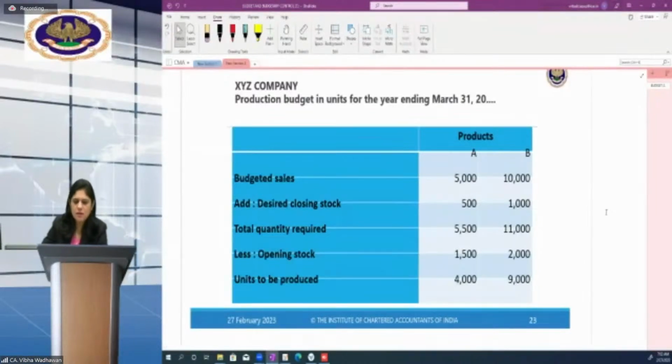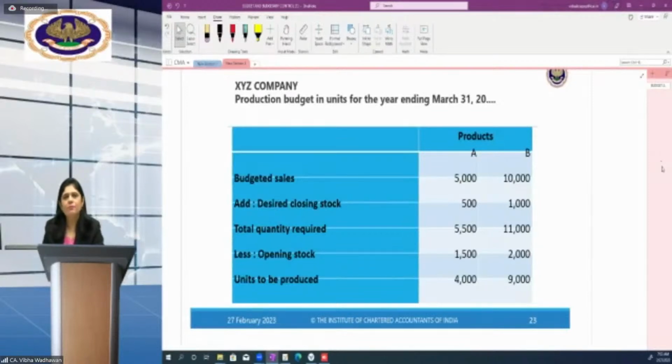Budgeted sales is how much we are going to sell in the budgeted period, plus the closing stock we have planned to keep at the end of the period. Together that is the total requirement, less the opening stock we already have. The rest of the units have to be produced, and that is what the production budget gives us.